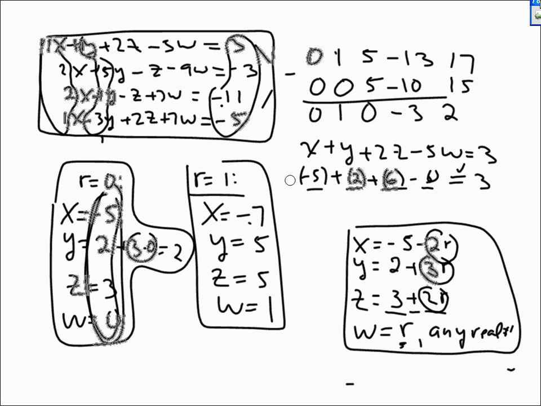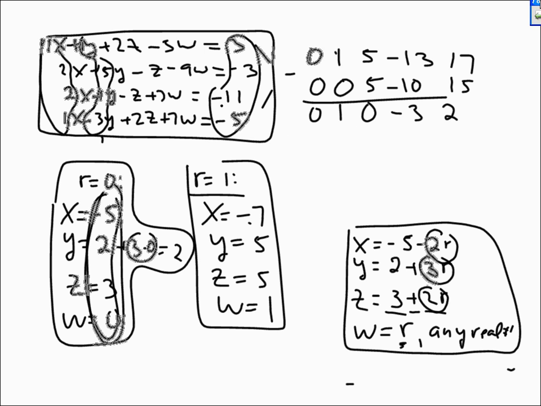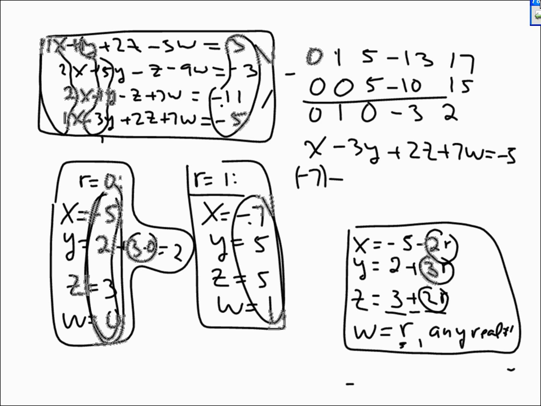Let us show that the second solution also will work in at least one of the equations. Say the last equation. X minus 3y's plus 2z's plus 7w should equal negative 5. Even if I use those numbers for x, y, z, and w. X is negative 7 minus 3 5's. 3 times 5 is 15. Plus 2 z's are 10. Plus w is 1. 7 ones are 7.